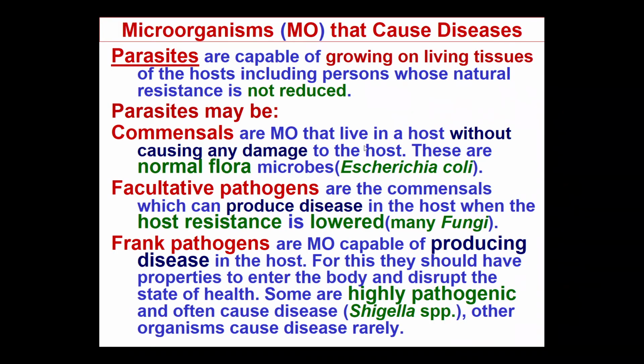They are parasites because they may live in living tissues, but commensals because in people with normal immune status they do not cause disease. The next group, more virulent, is named facultative pathogens. Facultative pathogens are commensals which can produce disease in the host when the host resistance is lowered.